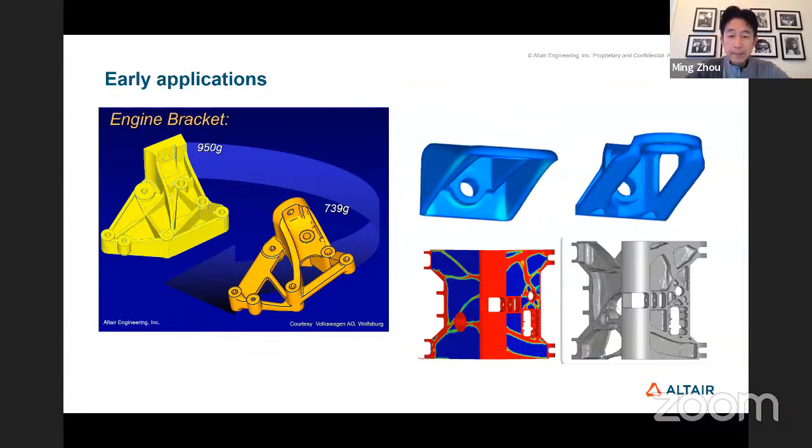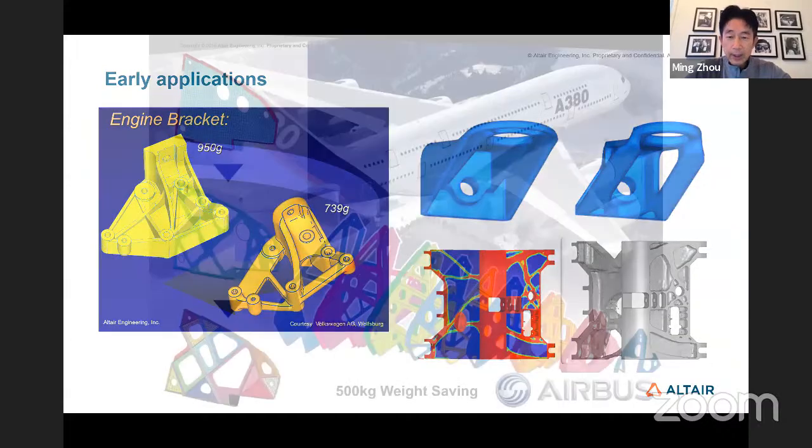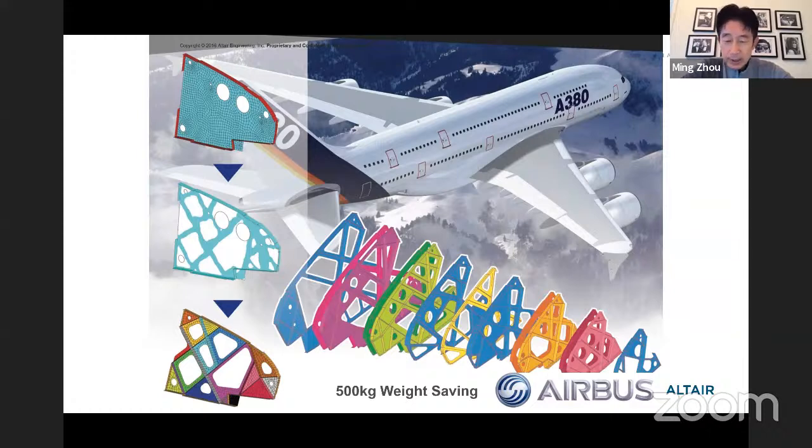I think the rapid growth was triggered by Airbus application. When they were designing the A380, there was a student from Denmark, Lars Krog. He worked at Airbus. He did a PhD on optimization.